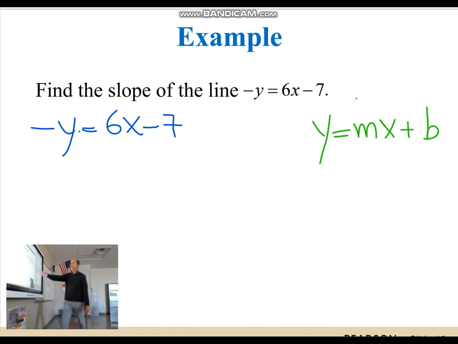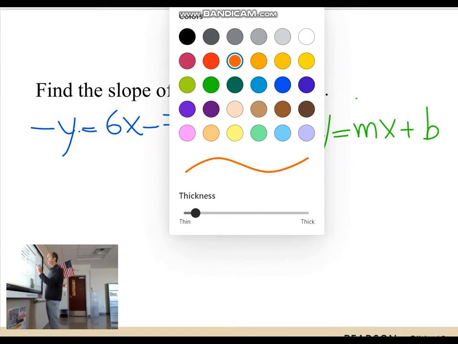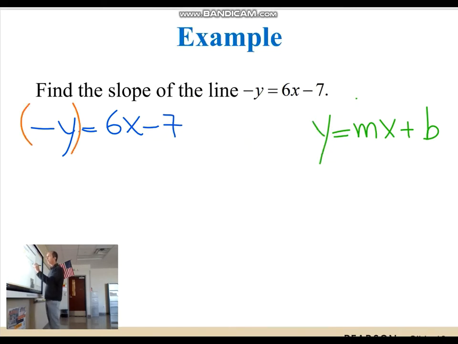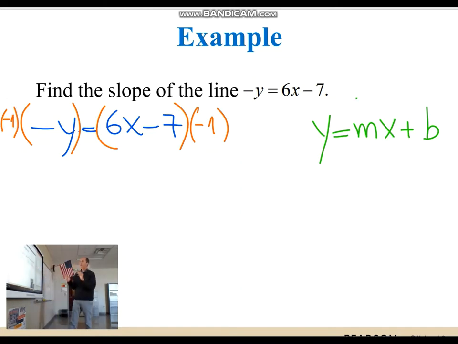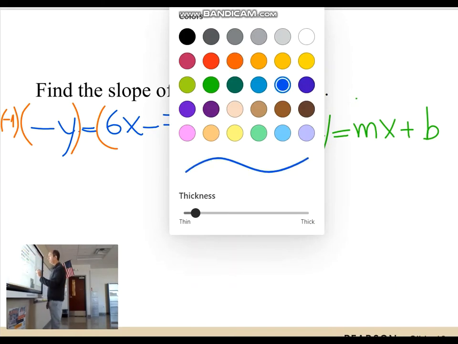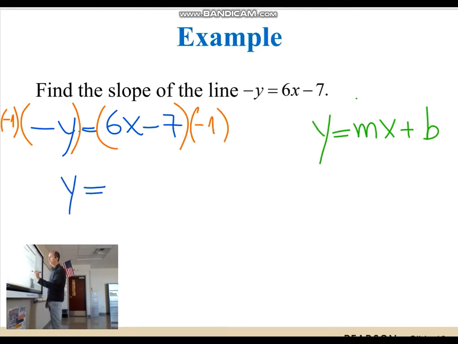What's different here is just one little thing. It's the sign, right? We have negative y. And we will apply the multiplication property of equality. Let's multiply both sides of this equation by negative 1. We have as a result y equals negative 6x plus 7.